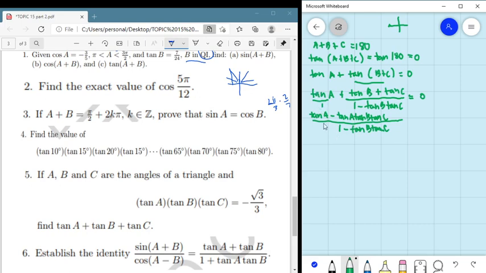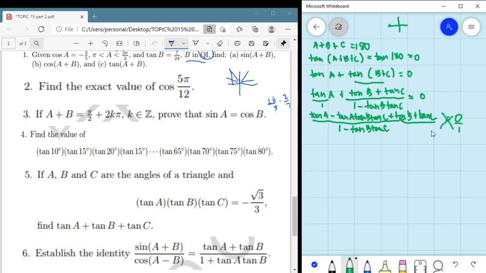Divide that by 1 times tangent A. So, tangent A times 1 is tangent A. Tangent A times these two becomes tangent A, tangent B, tangent C. Then, copy tangent B plus tangent C equals 0. Okay, so this is 0 over 1.